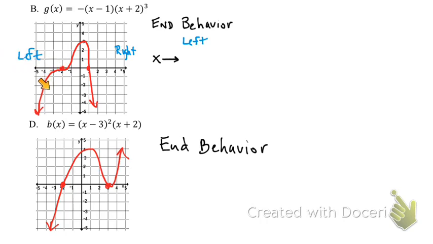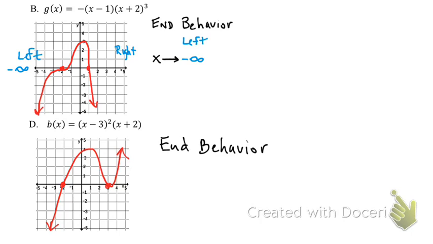In this case, because of this arrow, this graph is going to go down and keep going to the left. And when it keeps going to the left, we call that negative infinity. So my graph on the x-axis will never stop going left. Therefore, it is negative infinity.